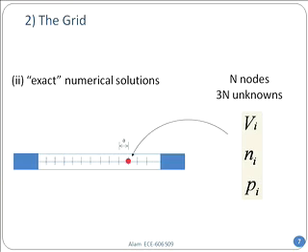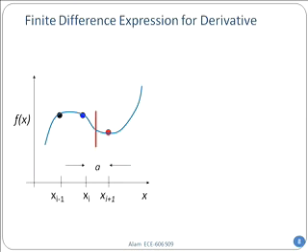So in order to do that, I need an approximation, just like we did in the Schrodinger equation, a numerical approximation for the first derivative and the second derivative. And this you know, so you may have seen this many times.